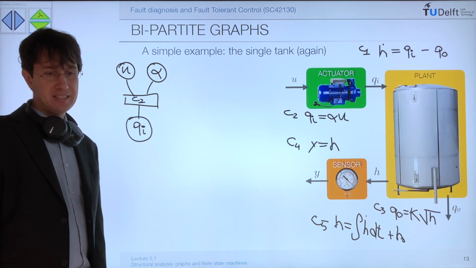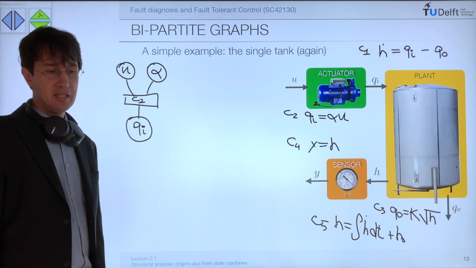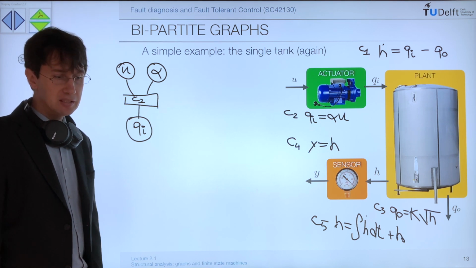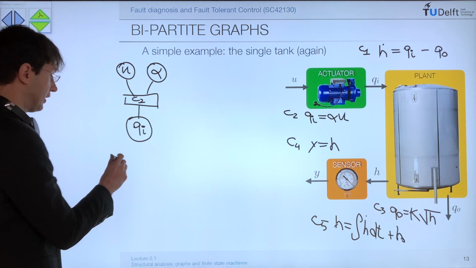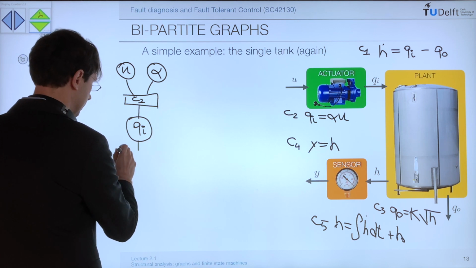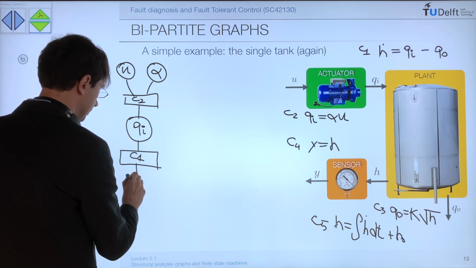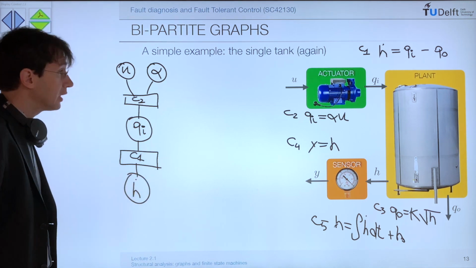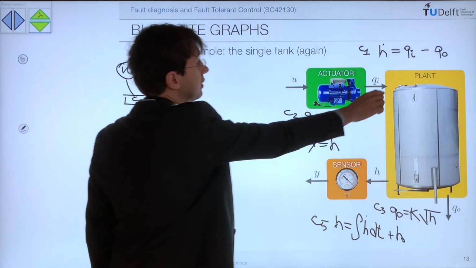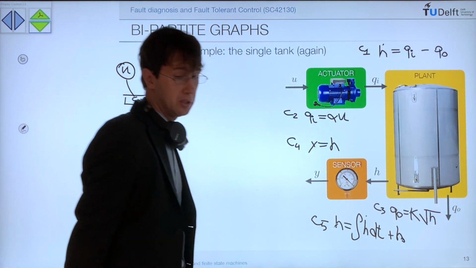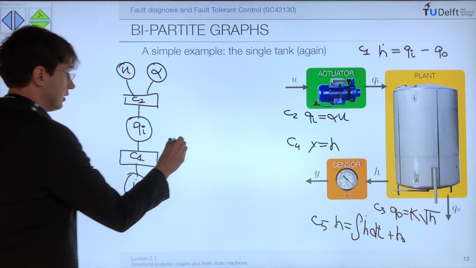Then I have that the inflow Qi through equation C1 is linked to the derivative of h. So let us introduce equation C1. This is linked to h derivative. But we know that equation C1 is also linked to the outflow Qo.